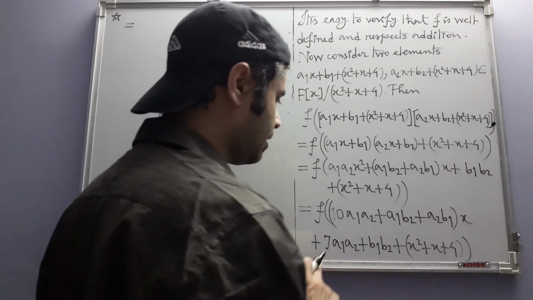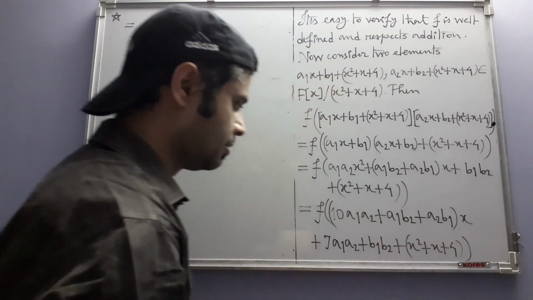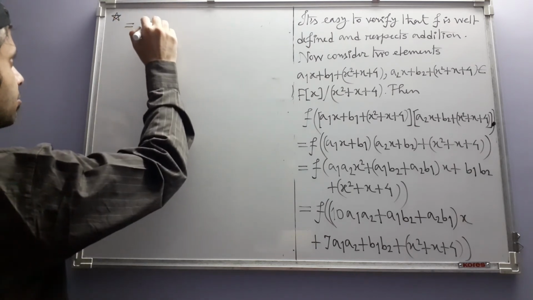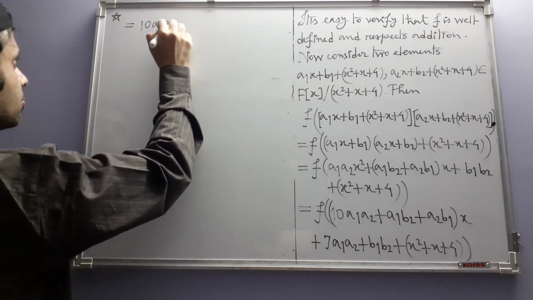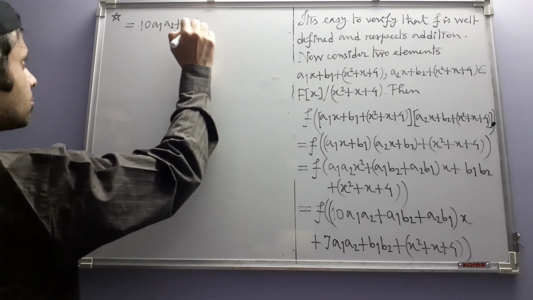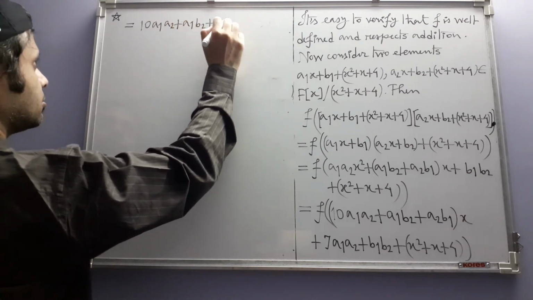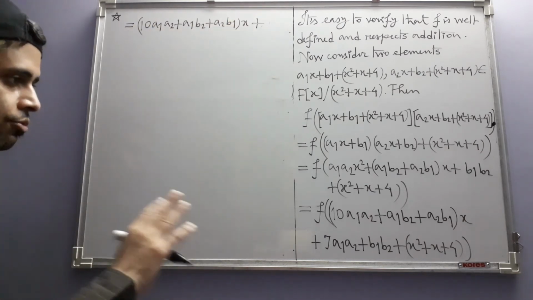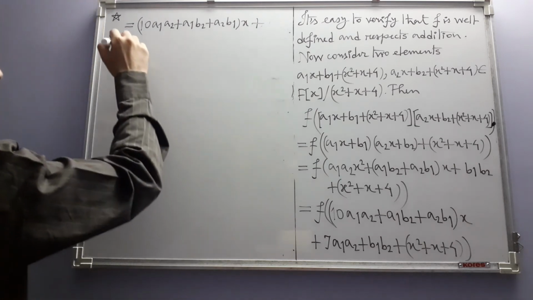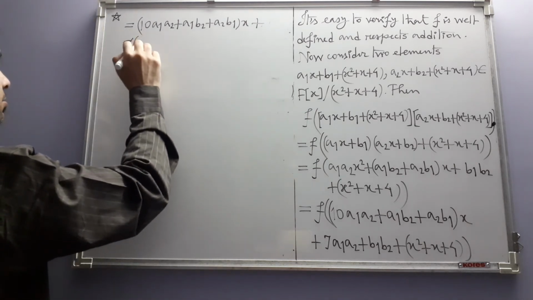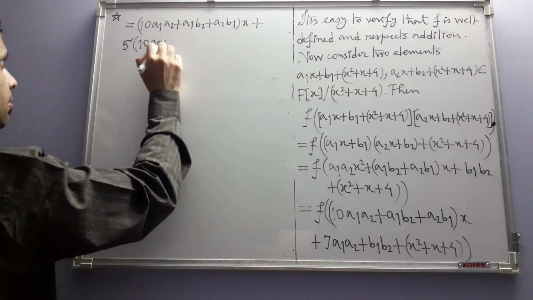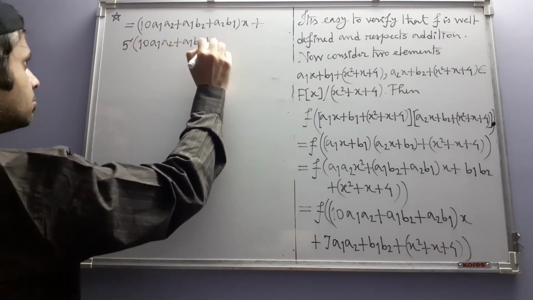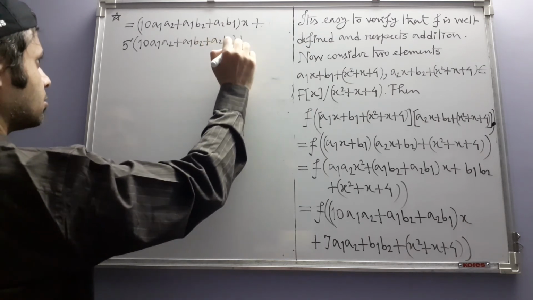So here ax, in place of a we have this. So first of all, ax will remain as ax, 10a1 a2 plus a1 b2 plus a2 b1, plus 5a plus b. So 5 times 10 a1 a2 plus a1 b2 plus a2 b1, plus b.